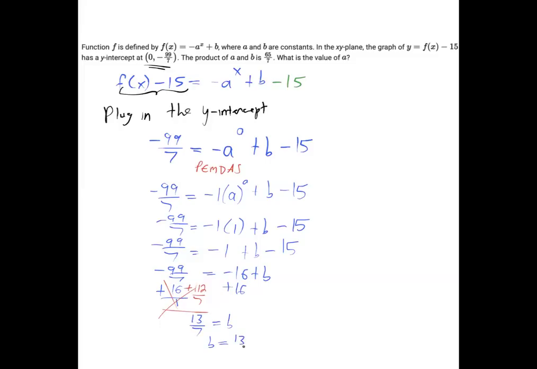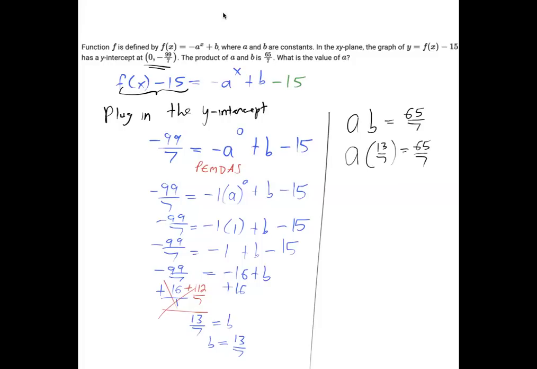And now the question is telling us that the product of a and b is 65 over 7. So a times b is 65 over 7. a times 13 over 7 is 65 over 7. We're just plugging in b because we just found that b was 13 over 7.